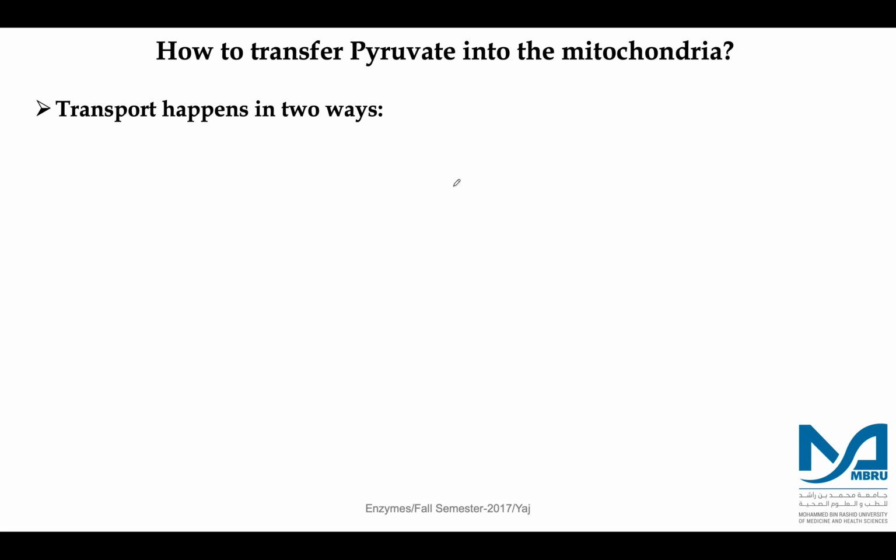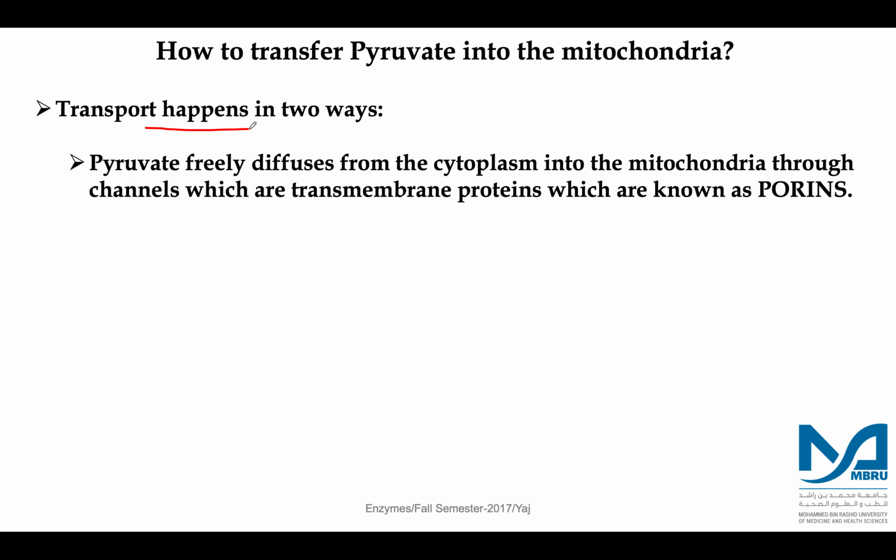So, transport of pyruvate inside the mitochondria happens in two ways. The first mechanism is relatively simple. In the first step, pyruvate freely diffuses from the cytoplasm into the mitochondria through channels in the mitochondrial membrane, and these channels are transmembrane proteins known as porins.